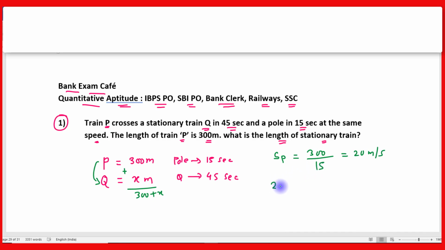So 20 meter per second is equal to 300 plus x upon time, and the time taken is 45 seconds.